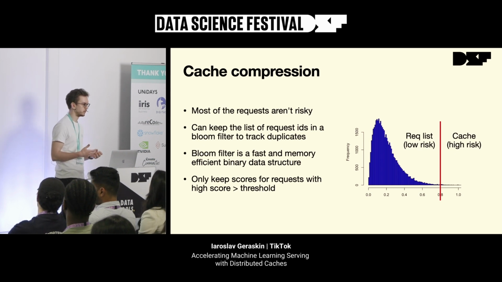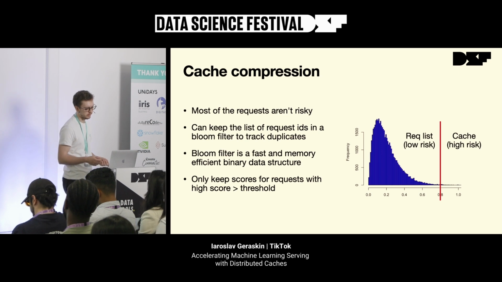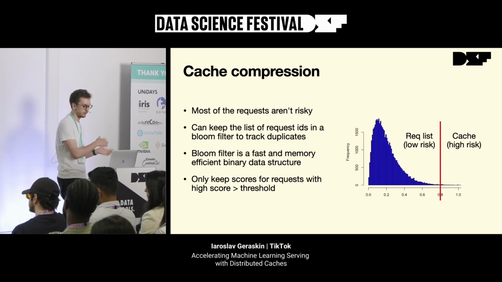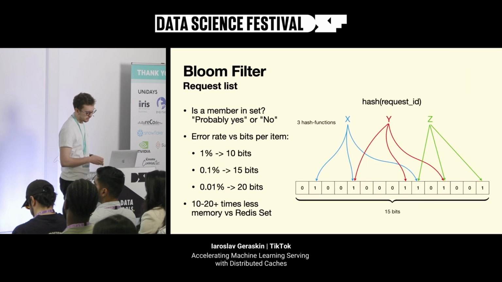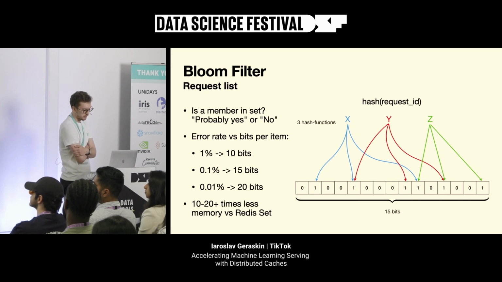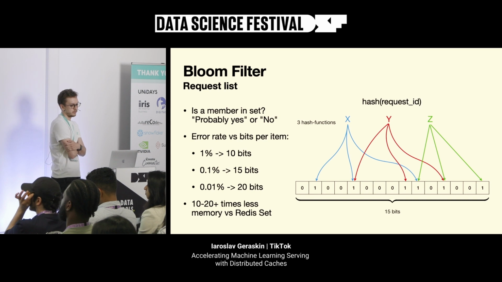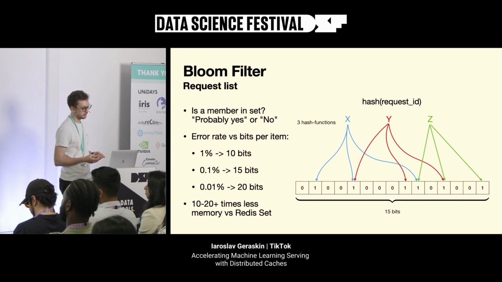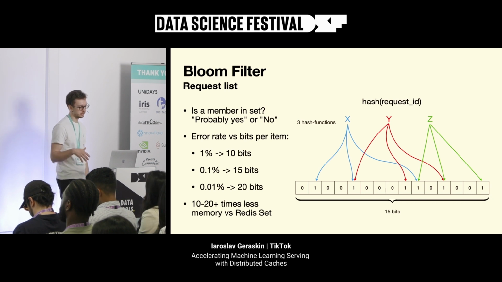We do that to keep track of requests that already have been made, and we want to distinguish them from new requests coming from new users or new scenarios. And for the request list, we can use a Bloom filter, which is a binary data structure which can answer the question: is this member in a set or not?